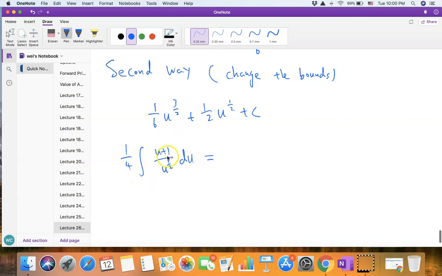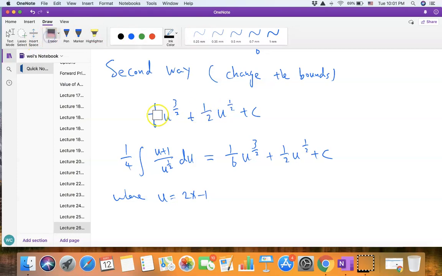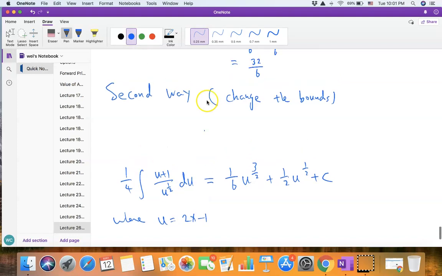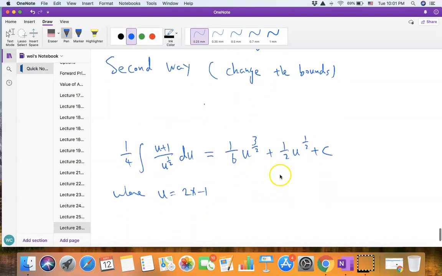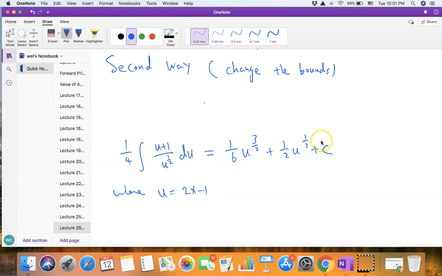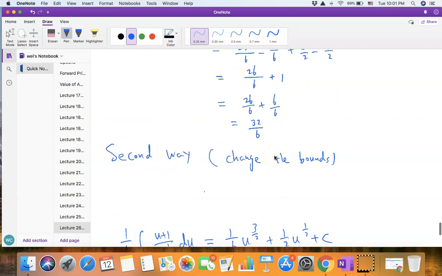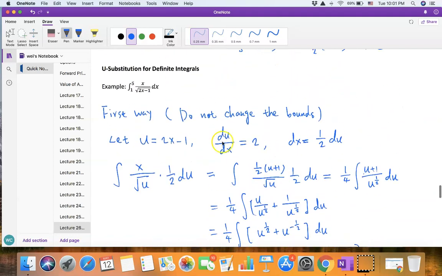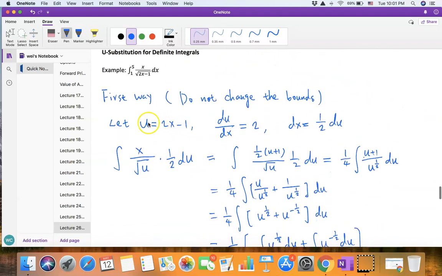After I solve for this integral, I got this, where u is equal to 2x minus 1. Okay, the second way is I don't bring the x back. Now I evaluate this function at two new bounds, and the bounds are given by this formula.